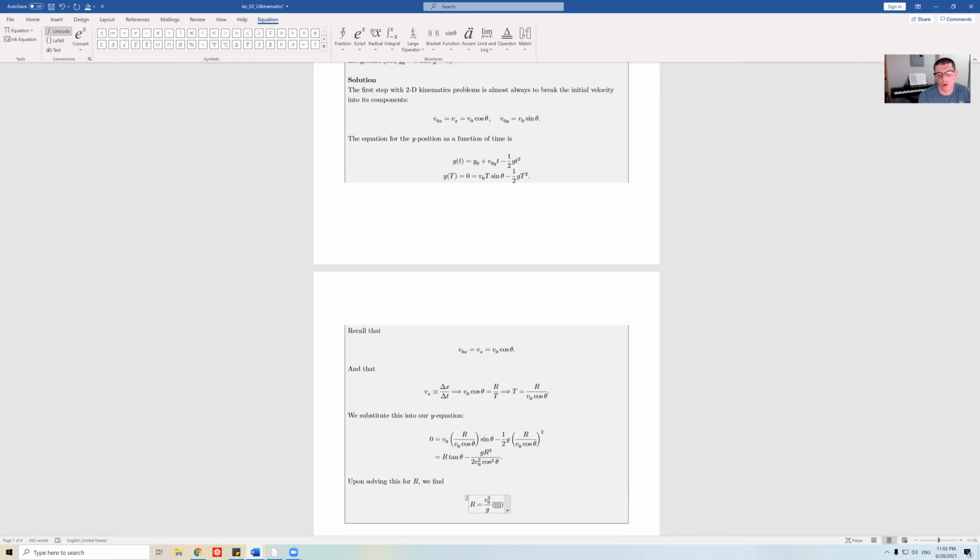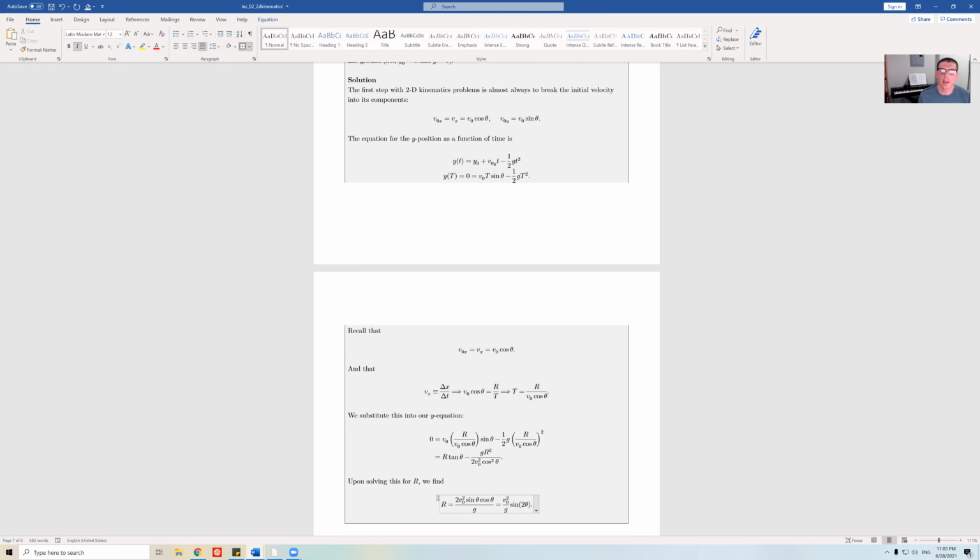And when you go through and do the algebra, you're going to wind up with, well, let me write it the way you'll probably write it: 2v naught squared, then sine of theta, and then cosine of theta. But remember that one of our trig identities, the double angle identity, tells us that 2 sine theta cosine theta is just sine of 2 theta, right? So we can clean this up and write v initial squared over g times the sine of 2 theta.